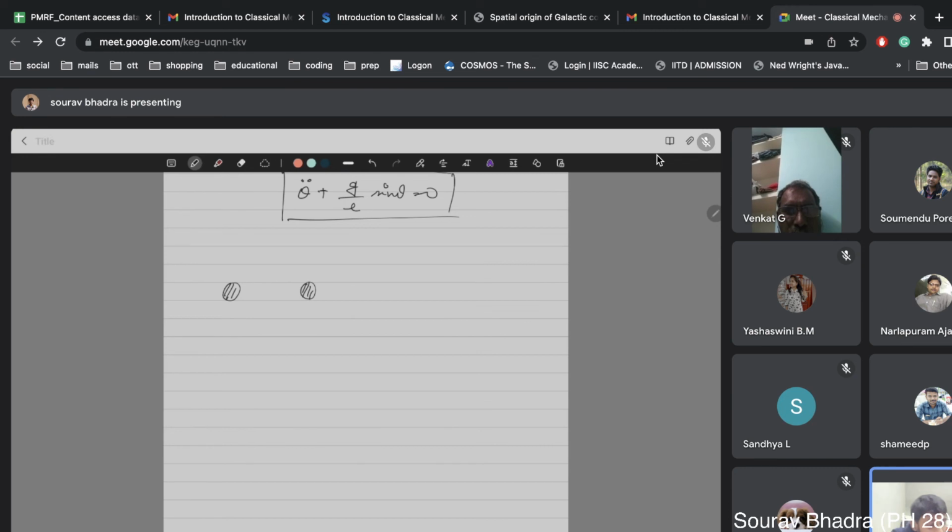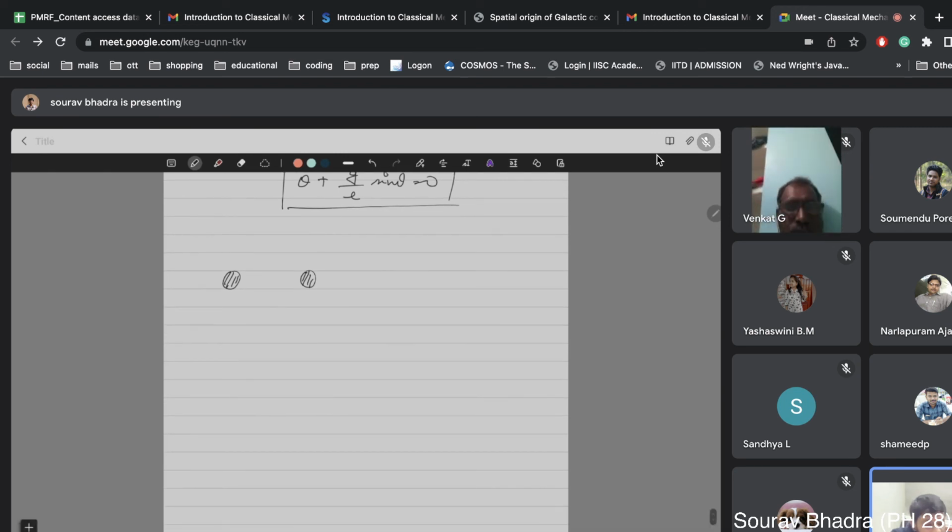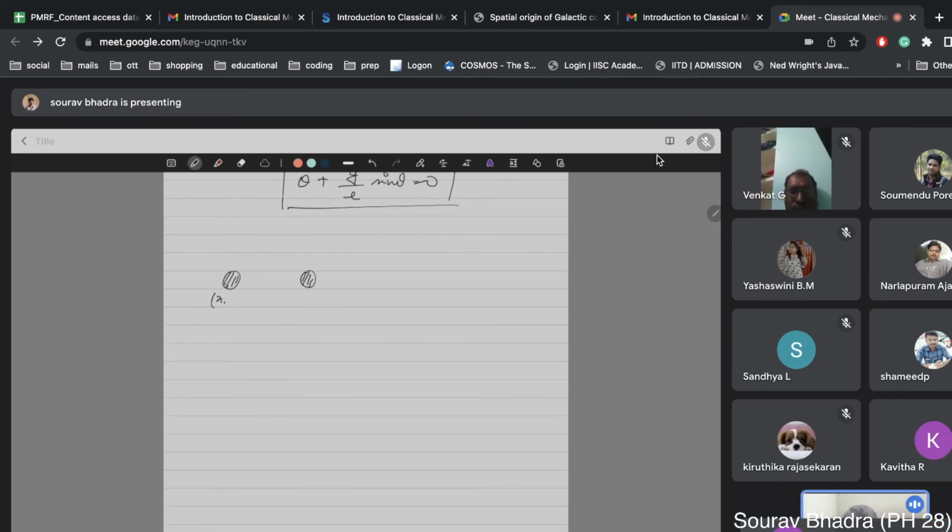They have not mentioned any relation. If they told there is any relation, that would be different, but as they are independent, x1 y1 z1 and x2 y2 z2, these 3 plus 3, 6 coordinates are required to specify the position of these two independent atoms. That's why the degrees of freedom for this case is 6.